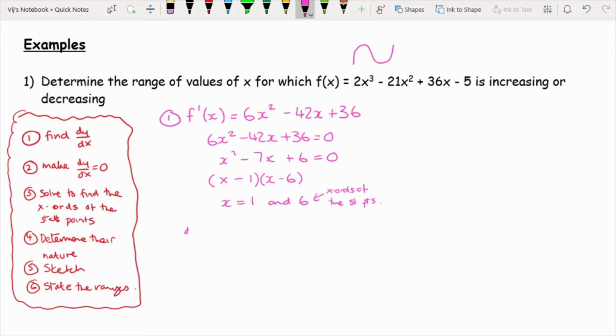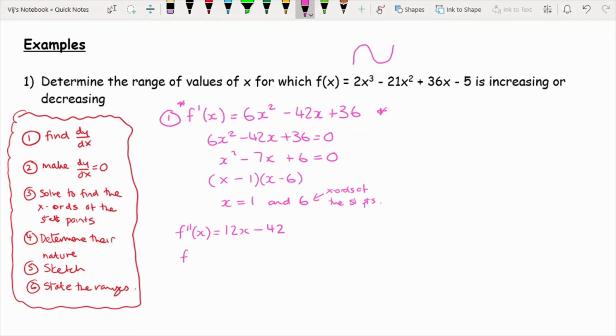So just going through the motions, our second derivative is where we're going to be differentiating this here, and I've just noticed I should not be using dy dx. Instead, we should be using f double dash of x, and again I'm going to be differentiating the top line, so we get 12x minus 42.